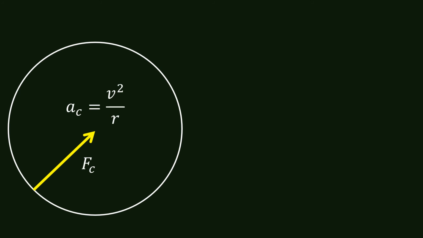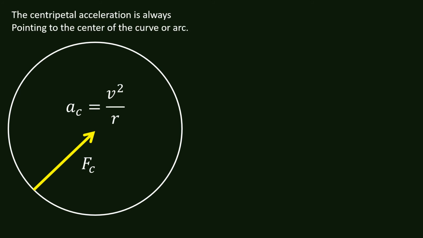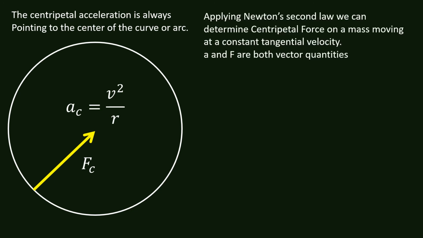We can also have a force. It's always pointing to the center of the rotation. And if we apply Newton's second law, we can determine centripetal force on a mass moving at a constant tangential velocity. So when we do have some mass that is traveling around, we will have a centripetal force, and that centripetal force will be towards the center.